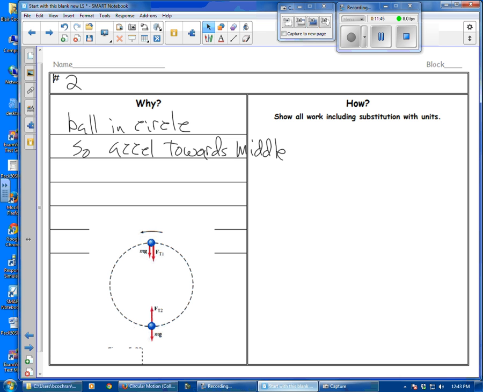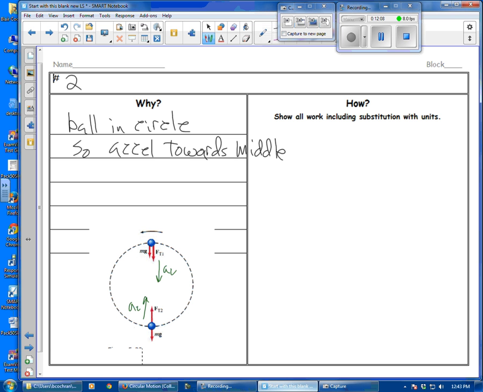Not the strength, because remember in the diagram what's important is to have the forces and the acceleration. They forgot the acceleration. So to get complete credit on this, you would need to indicate that the acceleration is in these directions. The top is pointing towards the center, and the bottom is pointing towards the center.